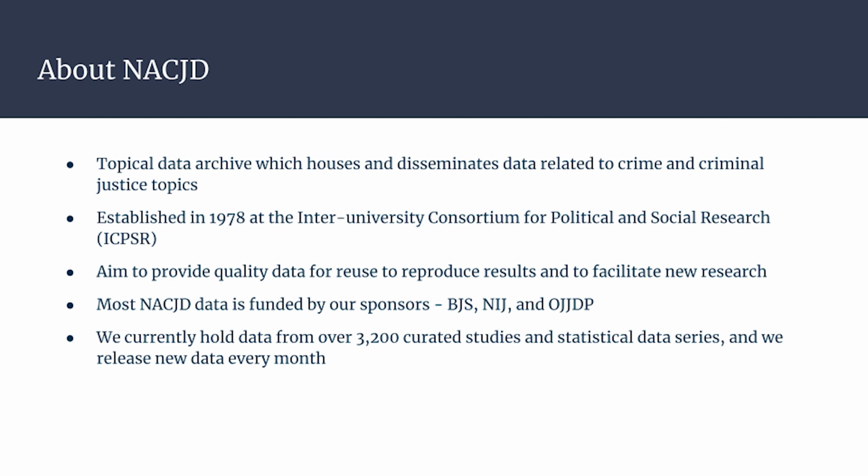And as you well know, both NIJ and OJJDP require their individual grantees to archive their data at the end of their grant period. In this orientation, we will focus on requirements to archive at NACJD. A separate orientation is available on our website for grantees archiving at repositories other than NACJD.